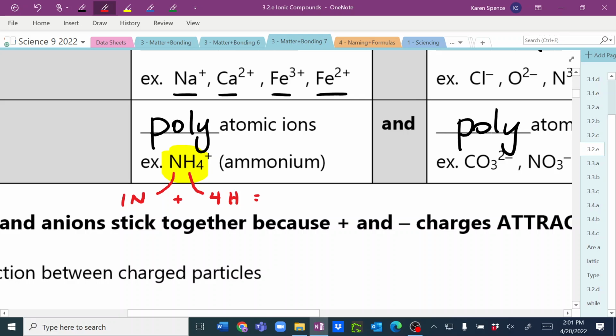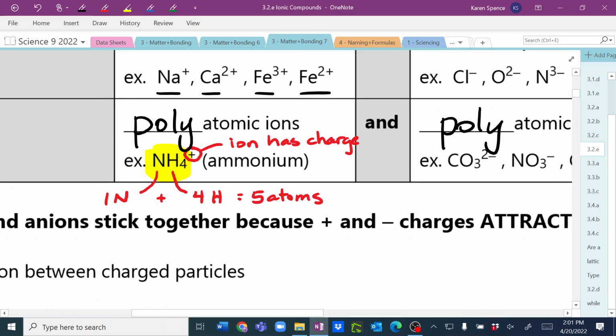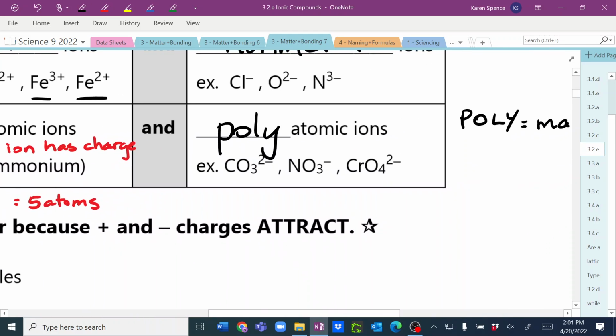So altogether there are 5 atoms. But the whole thing, it's an ion, so it has a charge. So you can have a polyatomic cation. You can also have a polyatomic anion.